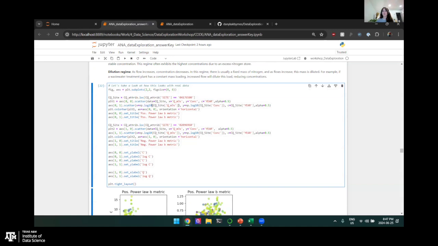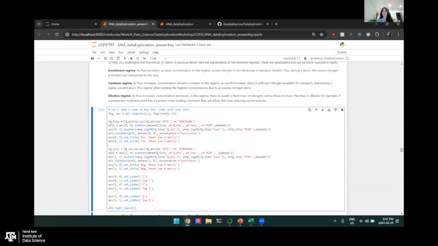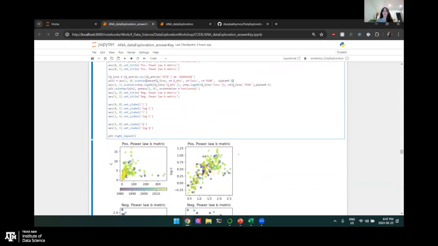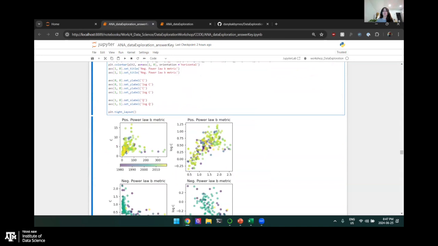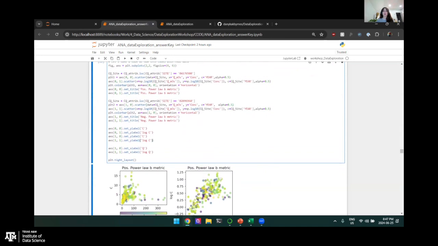And of course, we're transforming this to log space. So we're going to look at two sites. Right, so we'll look at the first site first.